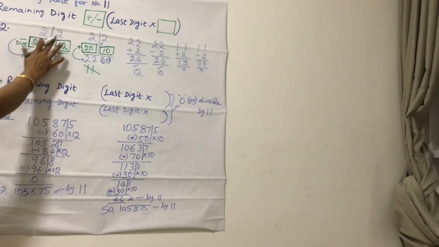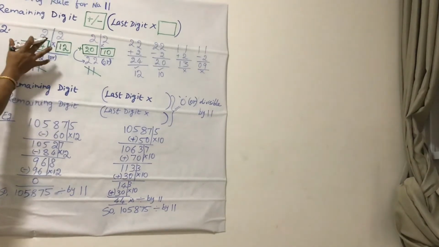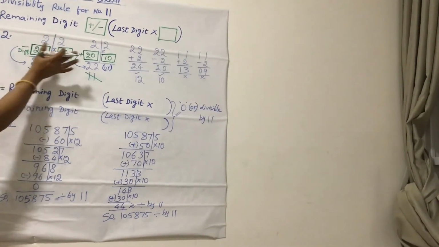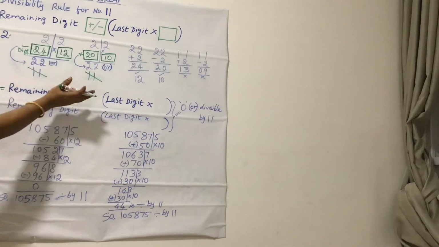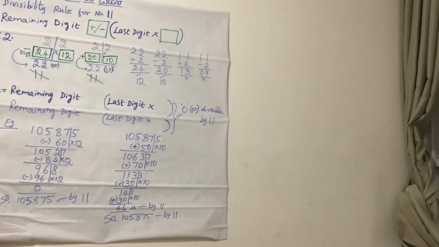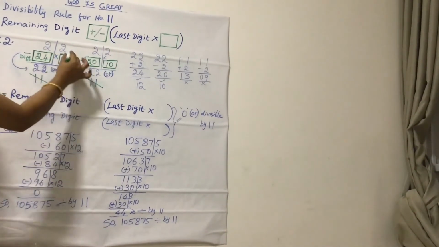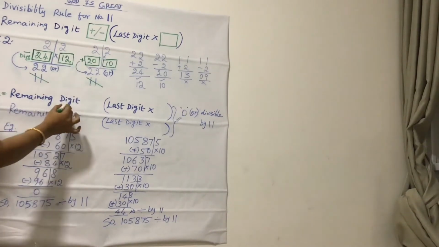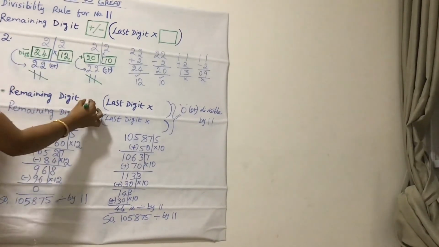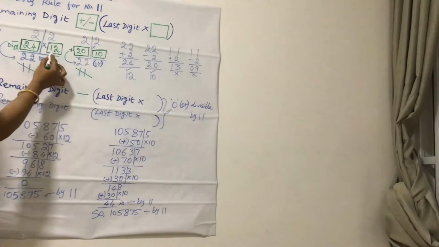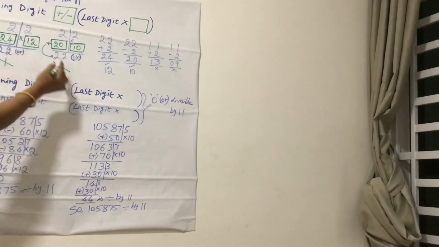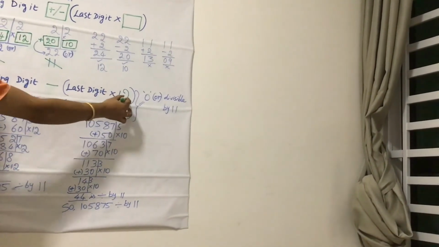So now we have framed this formula by this technique. By using this technique, we are going to fill in our formula. First, remaining digit minus the last digit into 12.